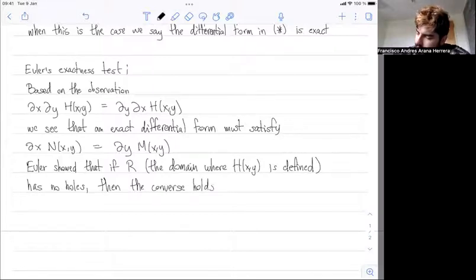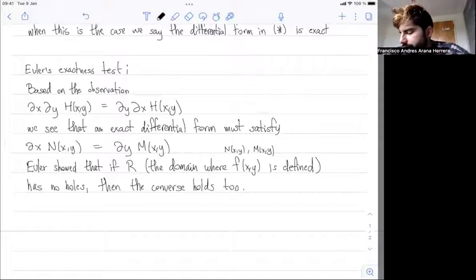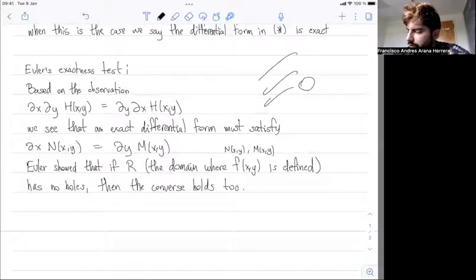Meaning, in the simplest case, suppose that you have this differential form with coefficients N(x,y) and M(x,y) defined in a region R, satisfying this equation over here, and moreover the region where they're defined has no holes, like it's not all the plane but a little hole there, then it happens that this actually shows you that the form is exact, so there will exist an integral.